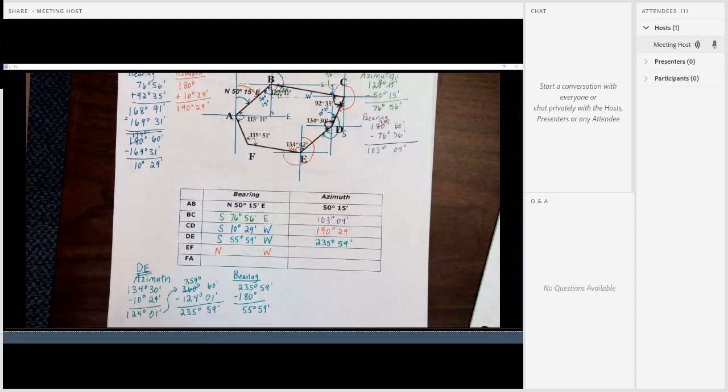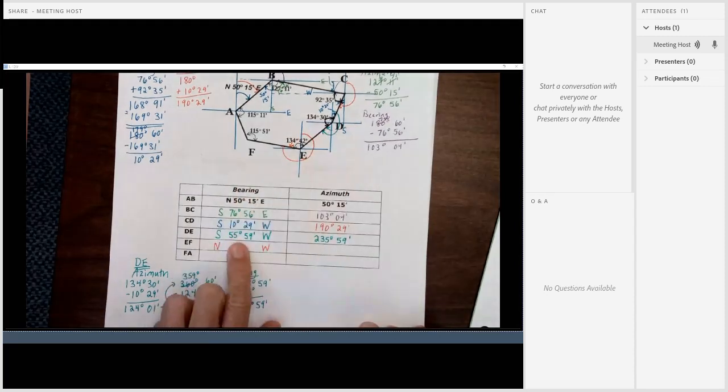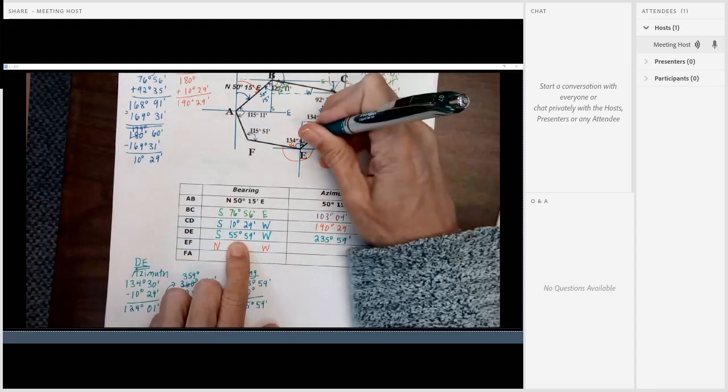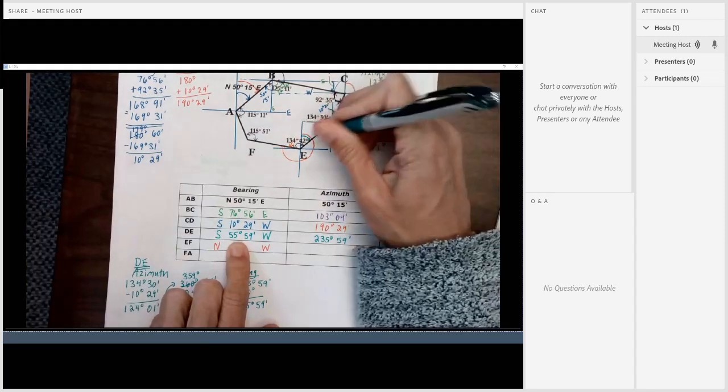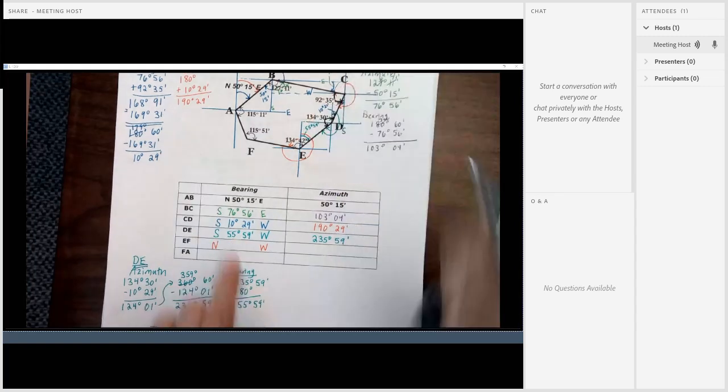Okay, so now I know an interior angle measurement here too. This is 134, 42. I also know this bearing, right? I figured out this bearing before was 55 degrees, 59 minutes. So if I use my interior angle reasoning here, I'm just going to go ahead and put this angle in here. Those two are equal, so this is also 55 degrees, 59 minutes. And think about, can I use that to help me figure out any information here about that azimuth or that bearing?